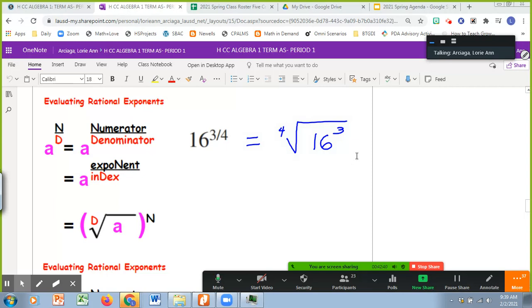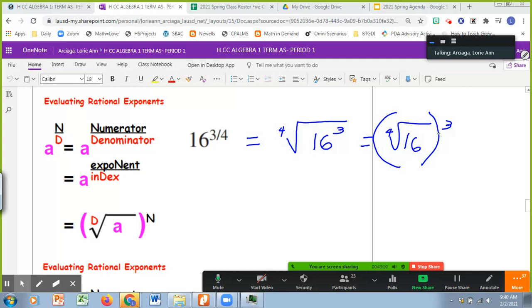And remember, this is also the same as you get the fourth root of 16, and then whatever that is, you put the exponent outside. Which I told you earlier, I personally prefer, because if I don't have a calculator, this may be challenging, right? But this one will make the number smaller first before you raise it to a power.